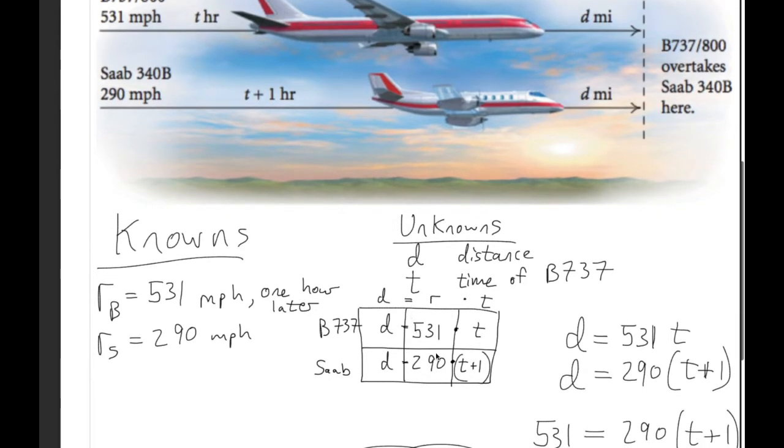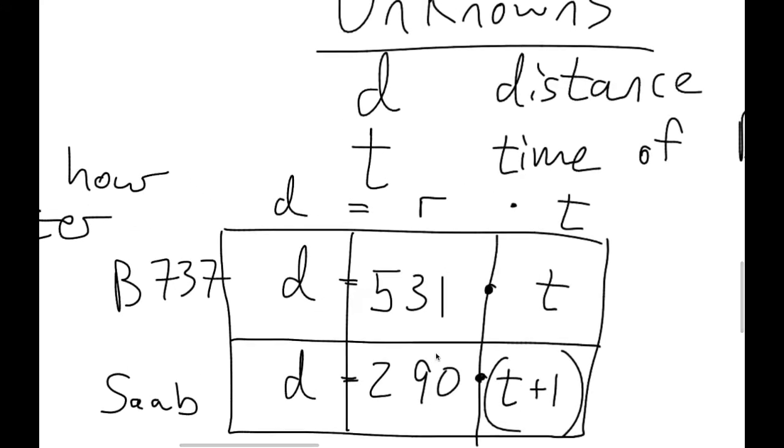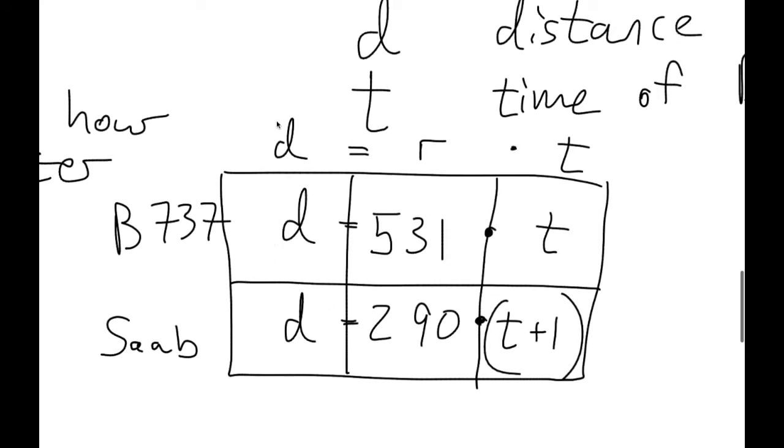I really like to organize my knowns and unknowns into this handy-dandy chart. It's always got 3 columns for my 3 variables, d equals rt. And because I've got 2 runners in this race, 2 jets, I'm going to have 2 rows here. D equals rt, d equals rt.